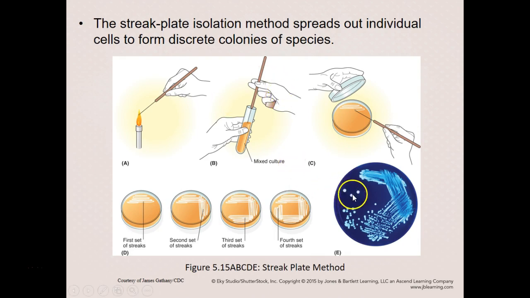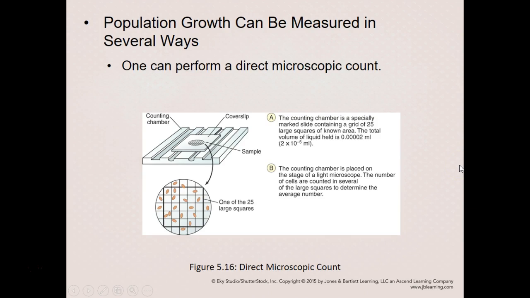Each colony here is going to have been started by one organism, one cell. And if you look, there are smaller colonies and larger colonies. So these could be different organisms. A lot of times you'll have different colors that will help you to identify the different numbers of organisms.